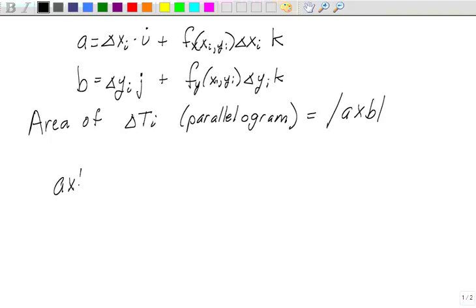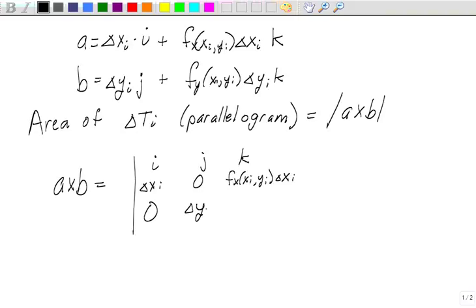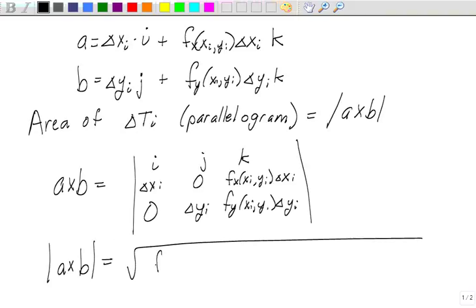Well, A cross B is the determinant, and if we take the magnitude of that determinant, then we have the square root of this.